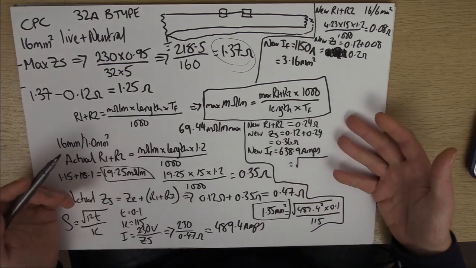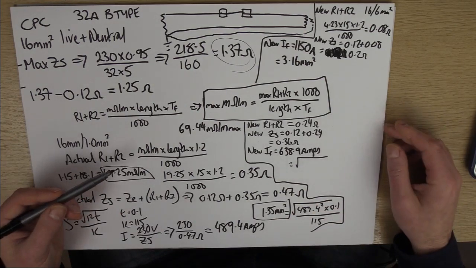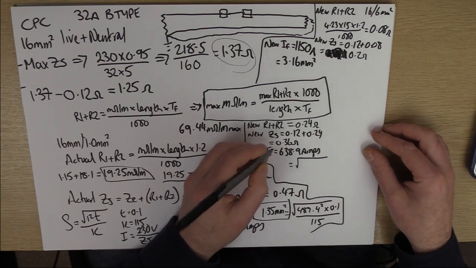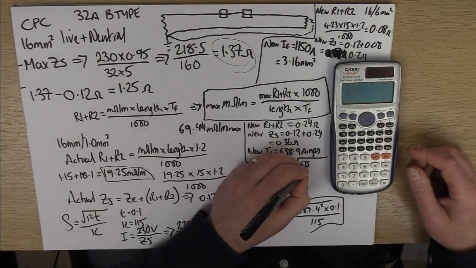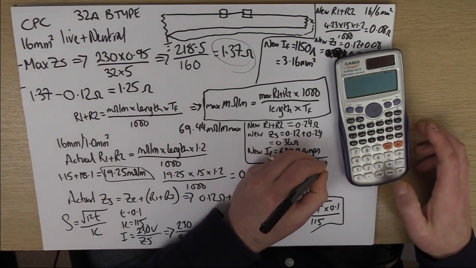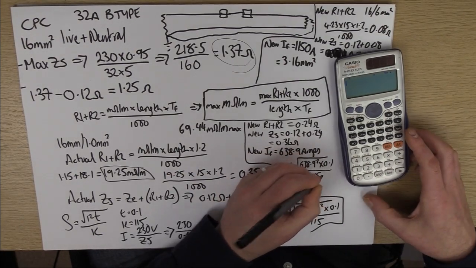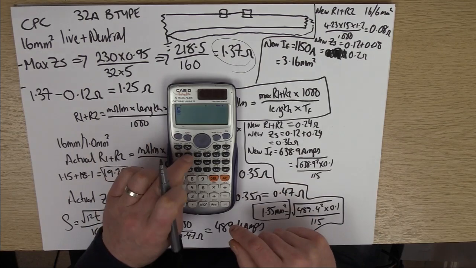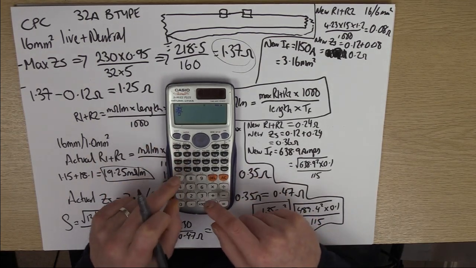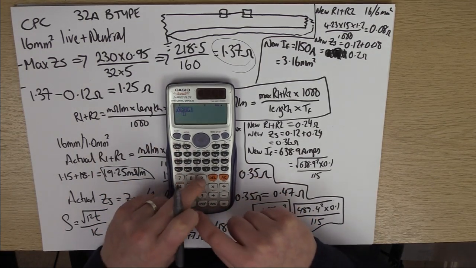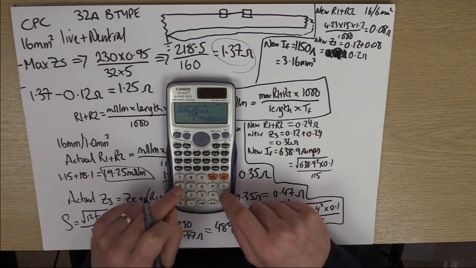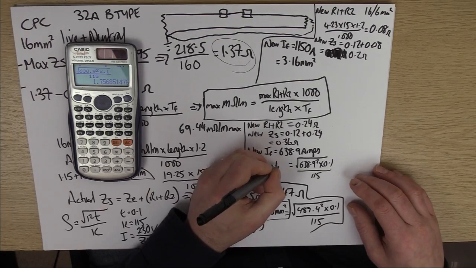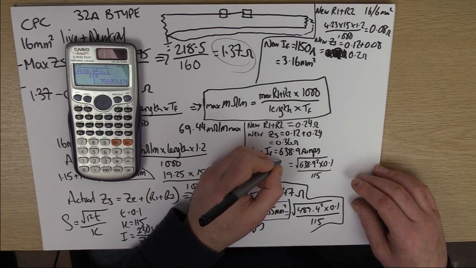Well, no, that didn't work, did it? I'll just redo that. It came out as like 1.7. So you really got to keep checking these things. Yeah, 1.75. So the 1.5 wouldn't have been enough.